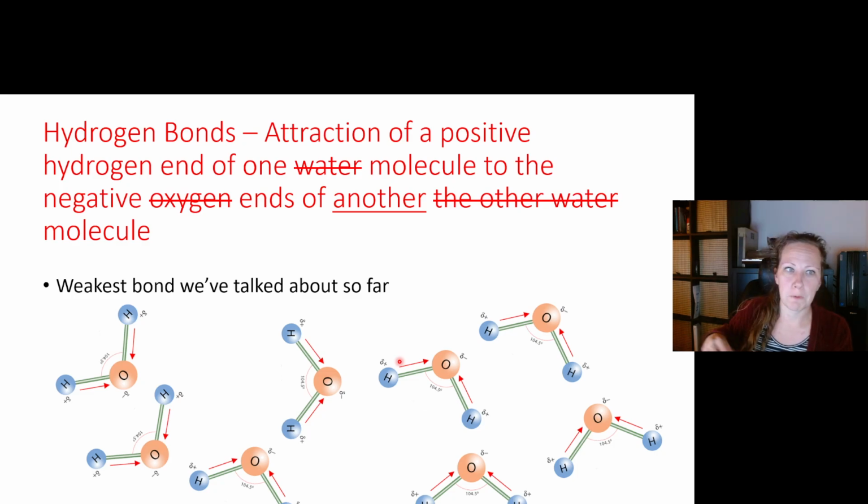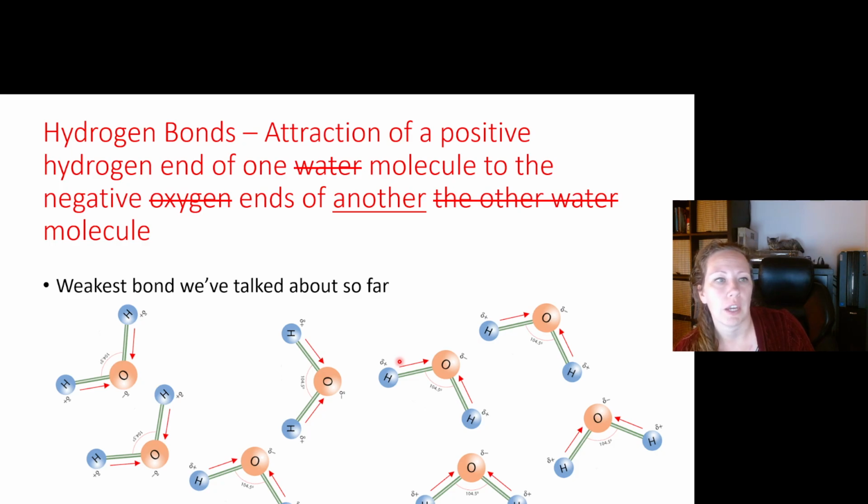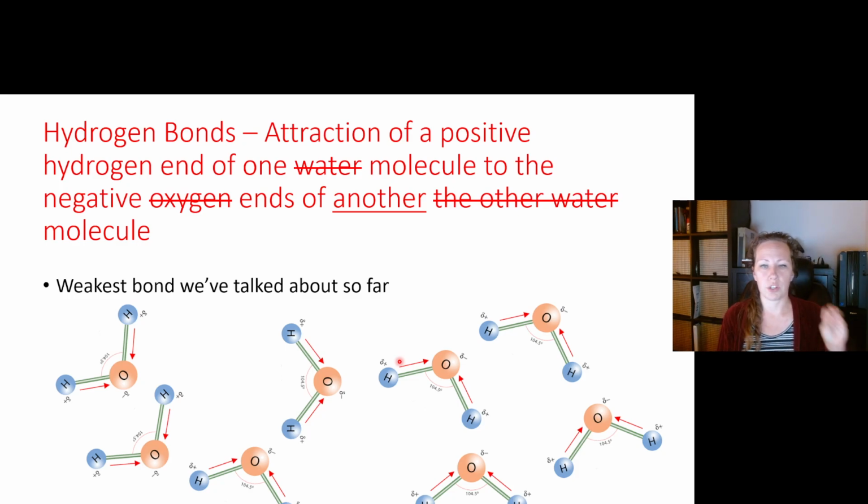So my definition is quite similar, but the book is very water specific, and hydrogen bonds are not water specific. And so I've adjusted this definition to make sure you understand that a hydrogen bond can occur on any covalent polar molecule that has hydrogen.